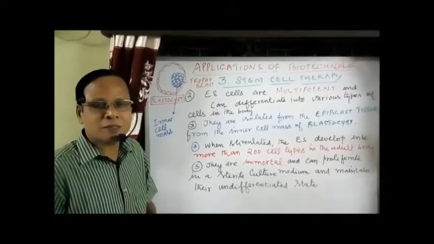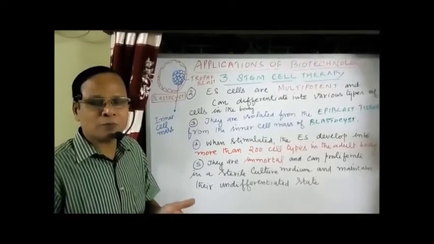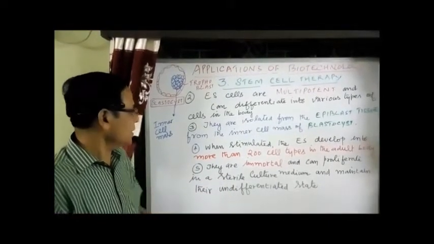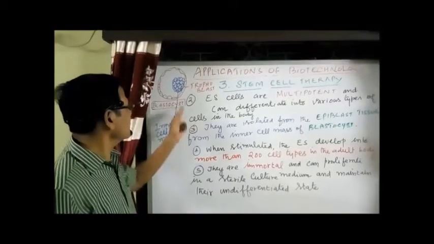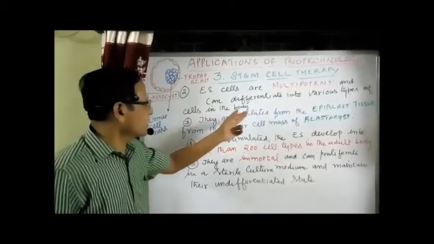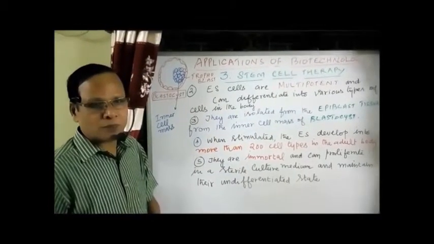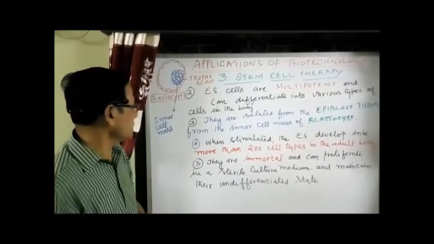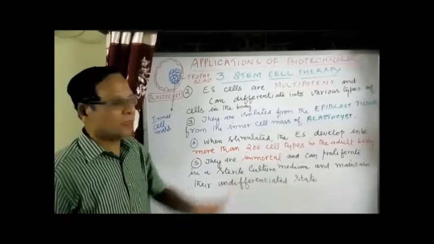The cell mass later differentiates into epiblast, hypoblast and various structures. The stem cells are derived from the epiblast, isolated from the inner cell mass of the blastocyst.